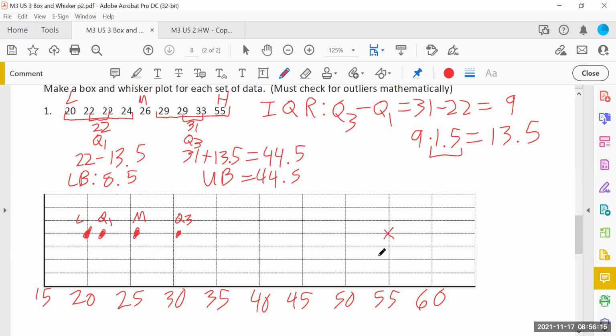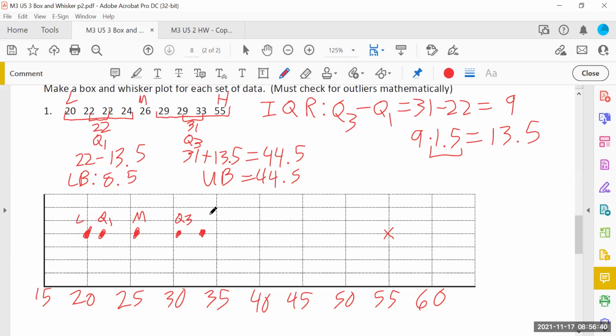What's my next highest value? 33. That's going to be my high value. Well, that's going to be the end of my whisker. The 55 is still technically my high value in my 5-number summary. But I cut it off for the box and whisker plot here.